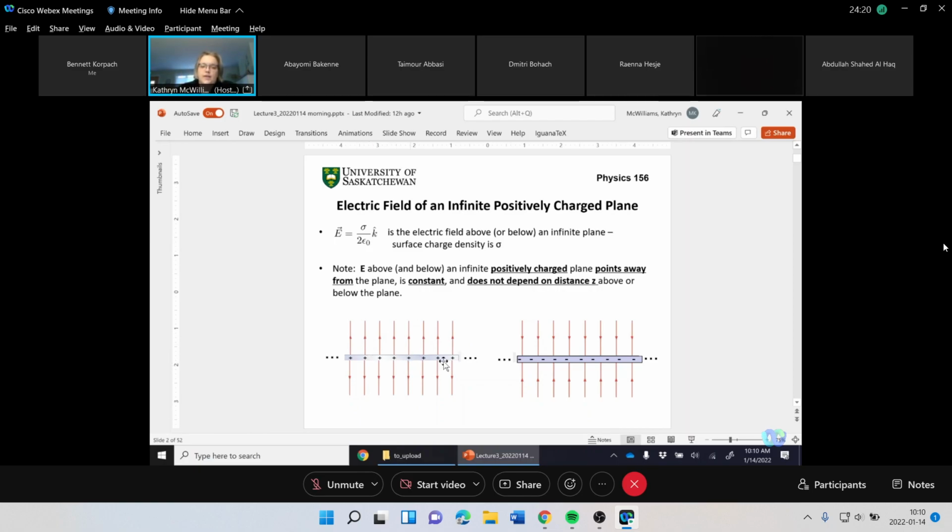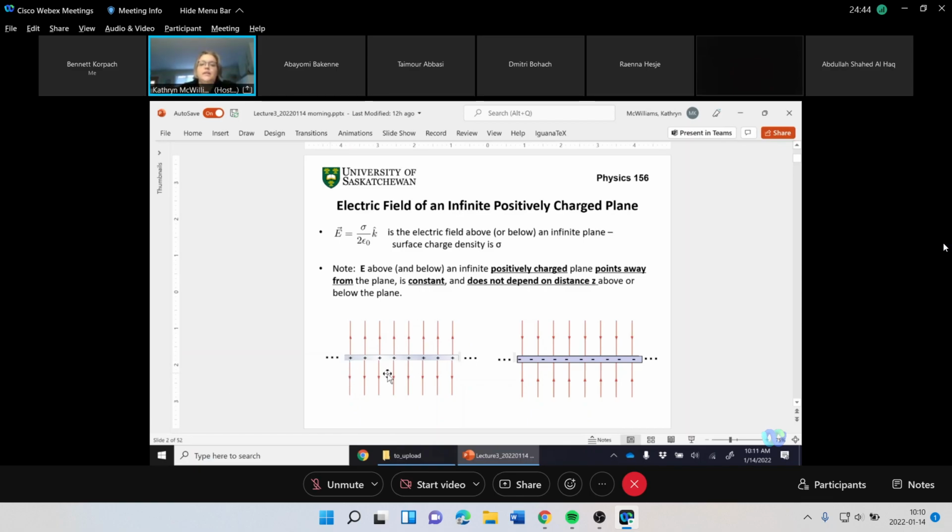And you can see in the diagram below here, on the left-hand side, we have a plate or a plane with positive charges distributed over it. We're looking at a side view of it. So this plane extends infinitely far in the side to side, left to right direction and in and out of the page.